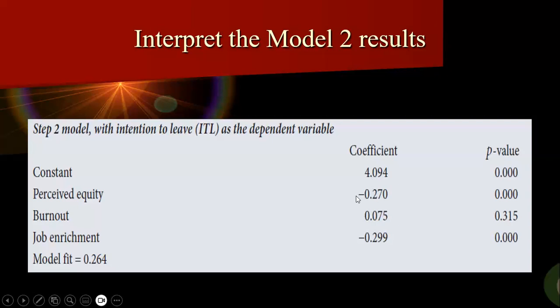This constant value is also called the intercept value, right? And model fit is 0.264. That means 26.4% change in intention to leave is because of the independent variables.